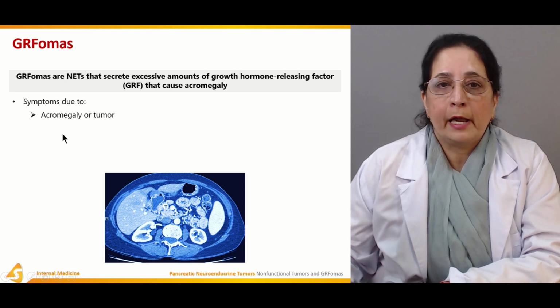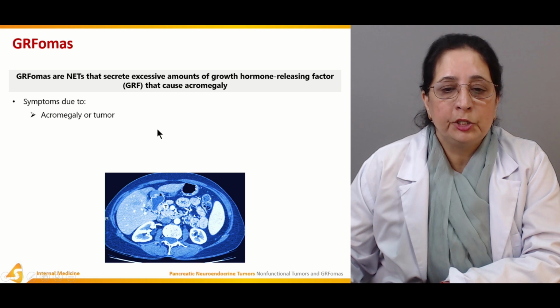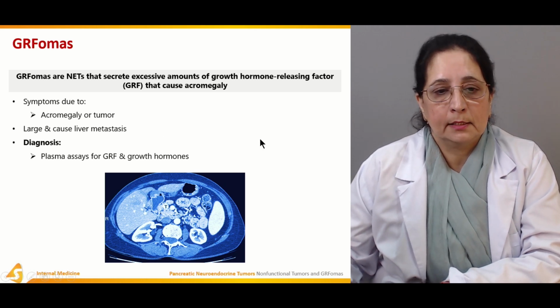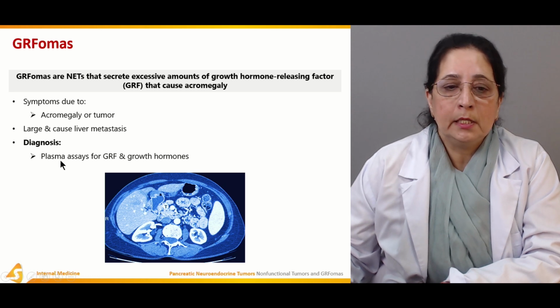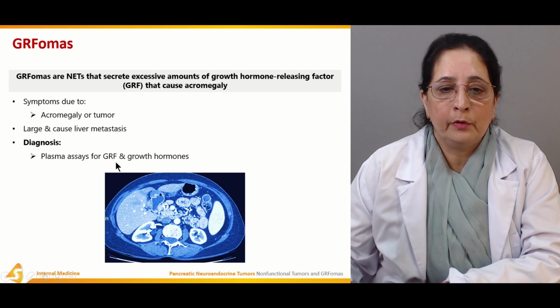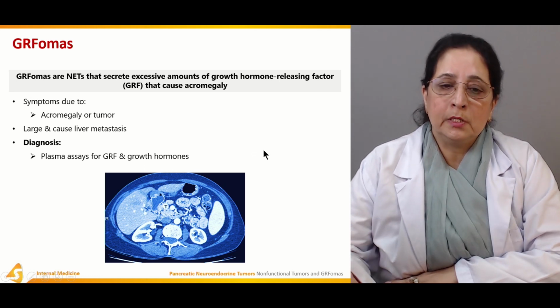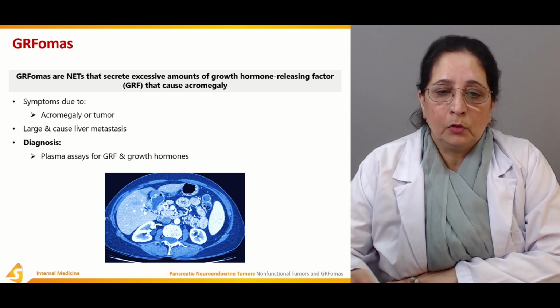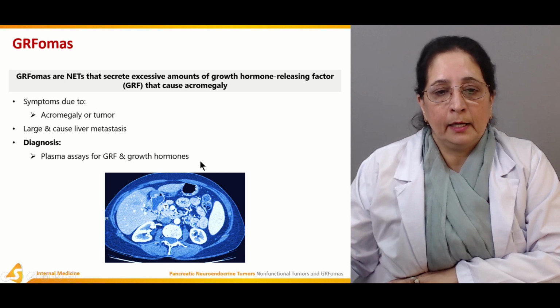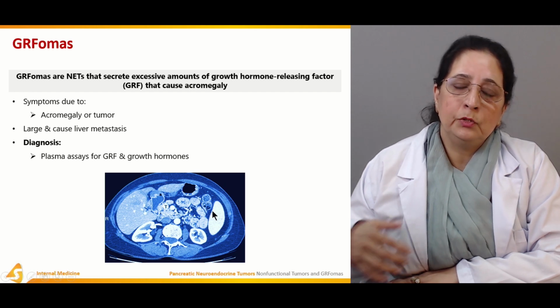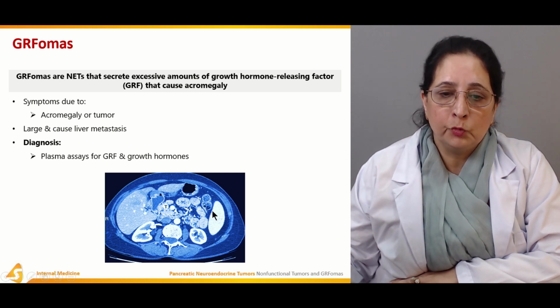Symptoms are due to acromegaly or the tumor, which is large and causes liver metastasis. Diagnosis is by plasma assay for growth hormone releasing factor and growth hormone.